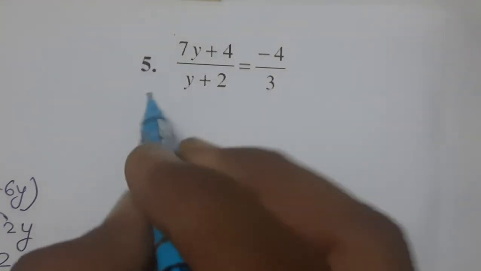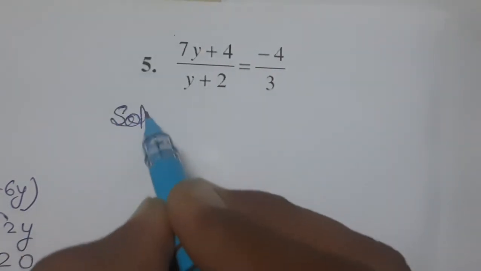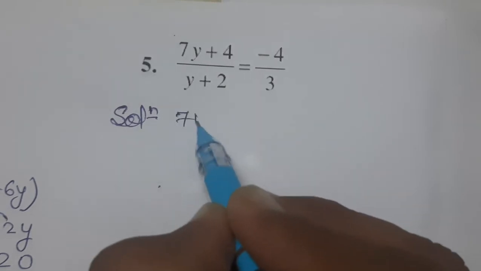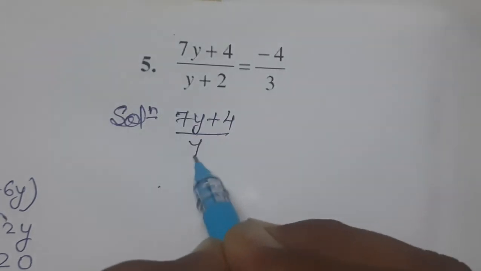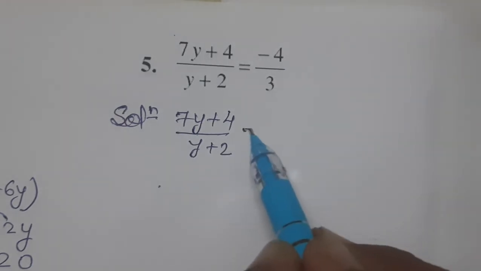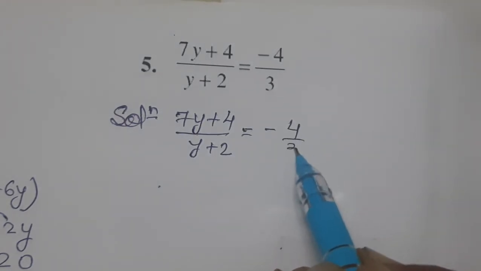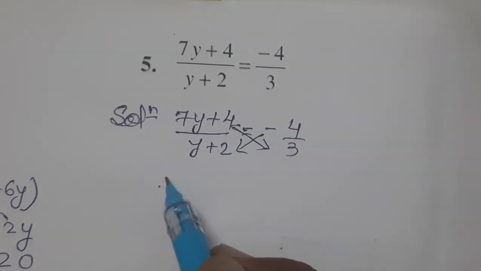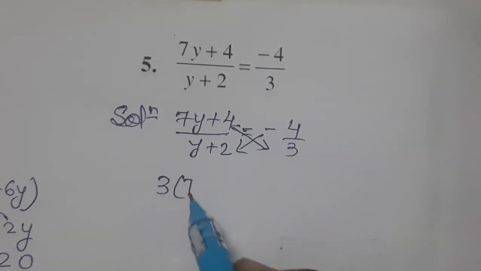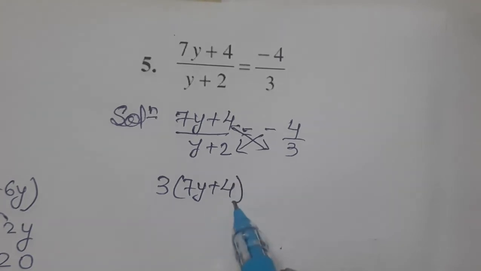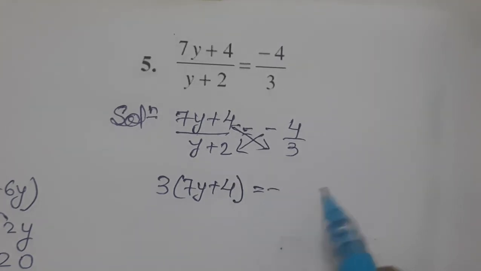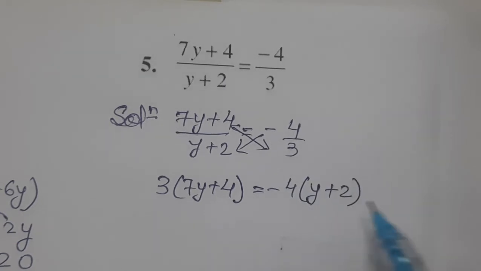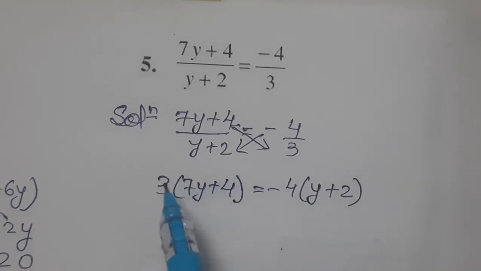Again, cross multiplying: 3 7y plus 4 by y plus 2 equals minus 4 by 3. Cross multiplying. So 3 into 7y plus 4 and minus 4 into y plus 2. So multiply using the distributive property.